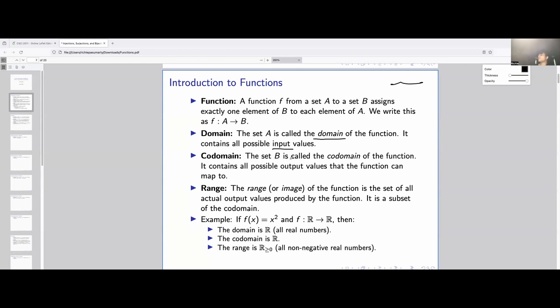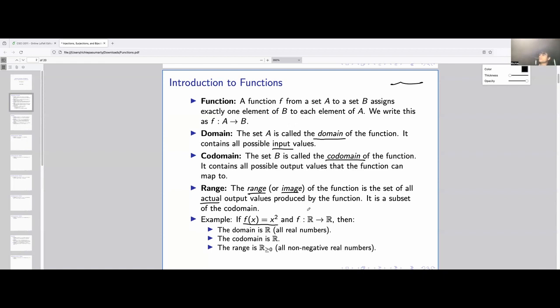The set of possible values that the function can spit out is called the codomain of the function. The range of the function, alternatively called the image of the function, is the set of all actual output values produced by the function.